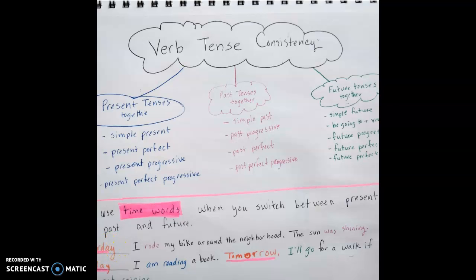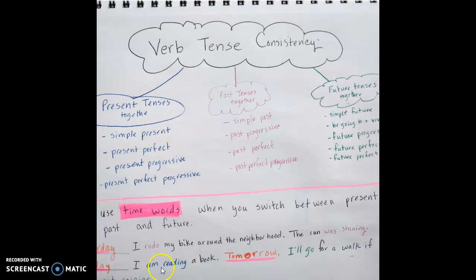You can't really see this whole word, but it says, yesterday I rode, here's my time word, yesterday I rode my bike around the neighborhood. The sun was shining, so I'm in the past time frame, and yet I'm showing how this was happening. Okay, today I am reading a book.